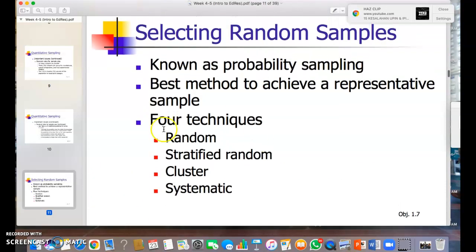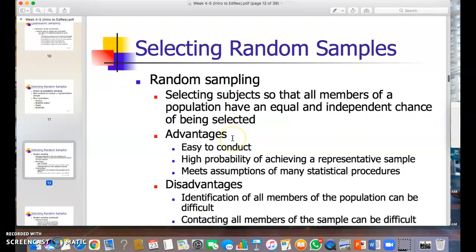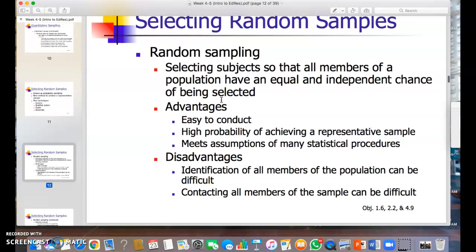Okay, we move to selecting random samples, known as probability sampling, the best method to achieve a representative sample. We have the techniques: random, stratified random, cluster, and systematic. In the previous video, I explained it, so you can compare this English version with the one in Bahasa. Let's look at random sampling.